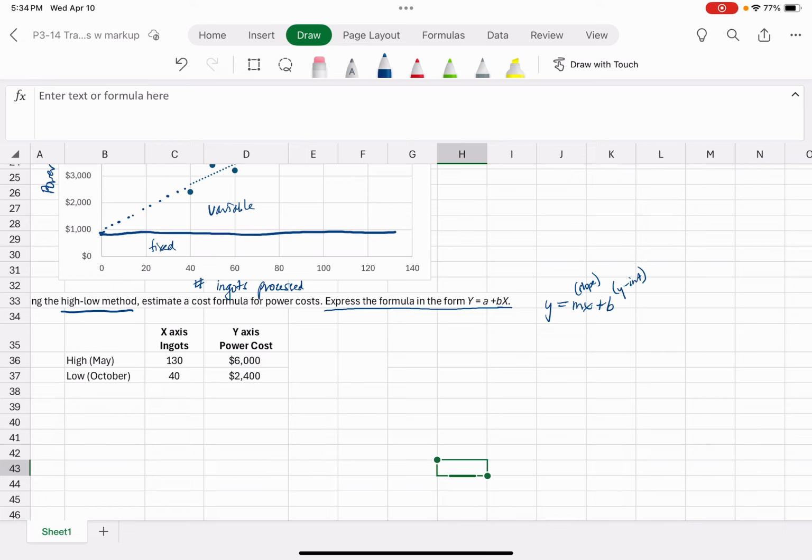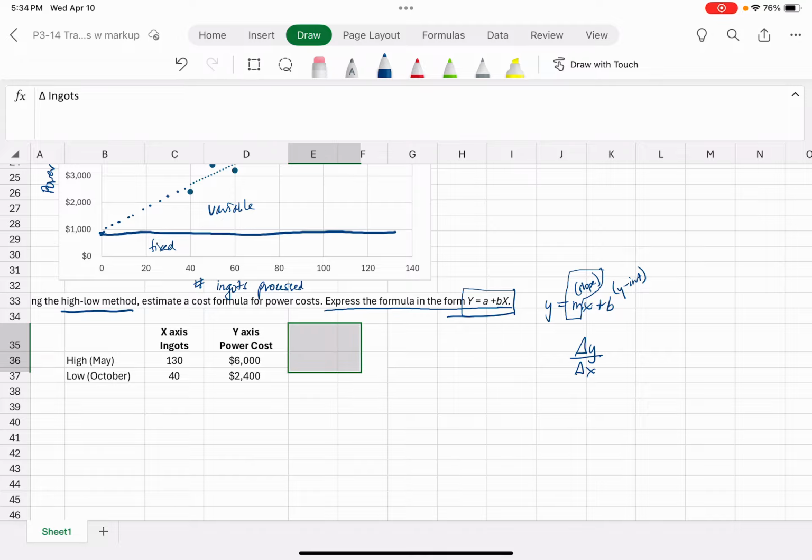Now, in this formula they use here, y equals a plus bx, the b is actually the slope and the a is the y-intercept. Okay, so if you remember from high school math, in order to get the slope, what you want to do is take the change in y over the change in x. That's how we get the slope, right?